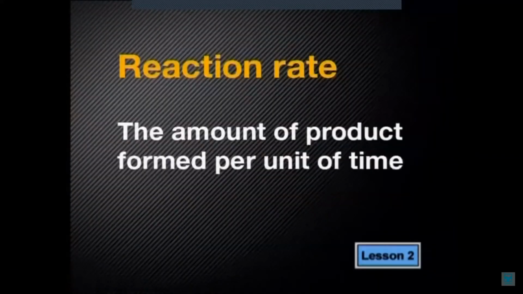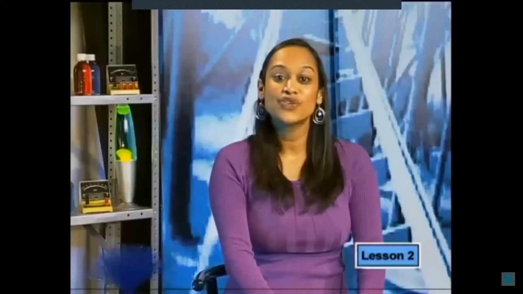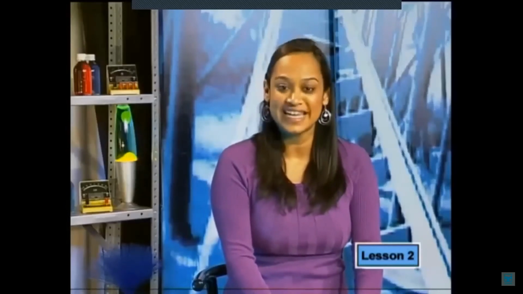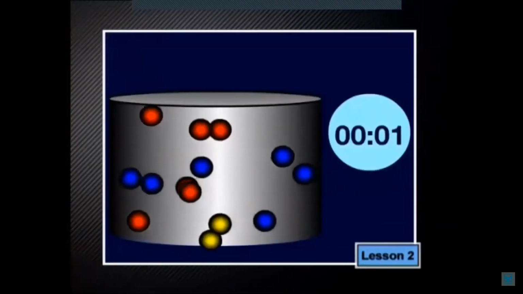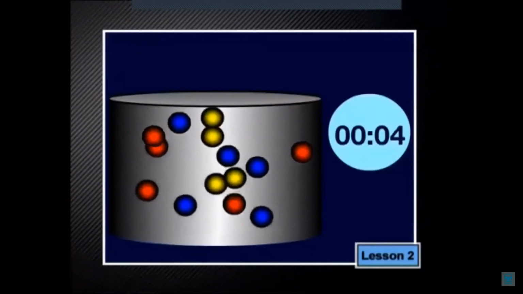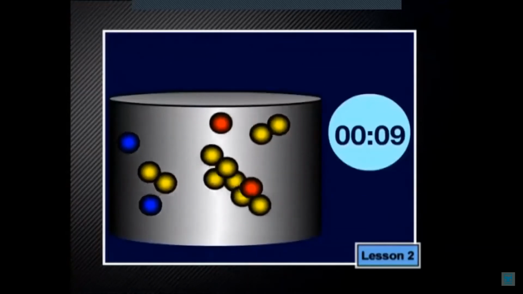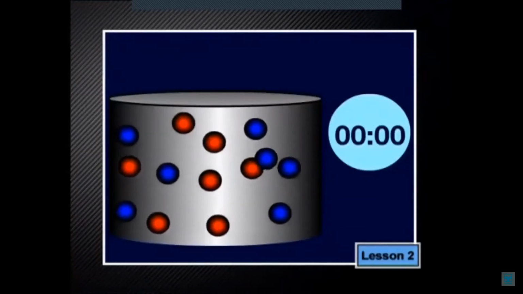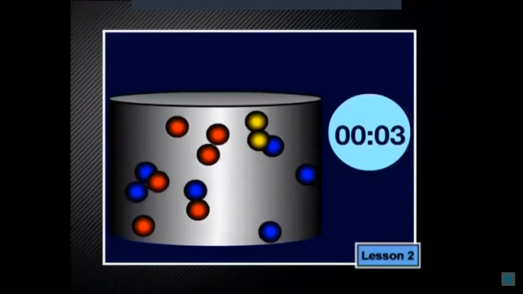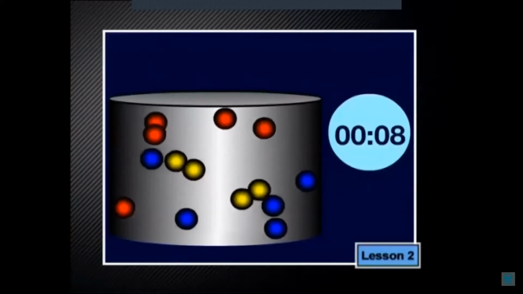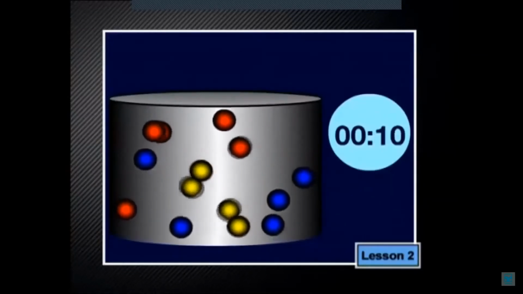We define the term rate of reaction as the amount of product formed per unit of time. The rate of reaction is dependent on the number of effective collisions taking place. When a large number of effective collisions occur in a specific time, more products form and the rate of reaction is high. But when the number of effective collisions in a given time is small, fewer product molecules form, and we say the rate of reaction is low.